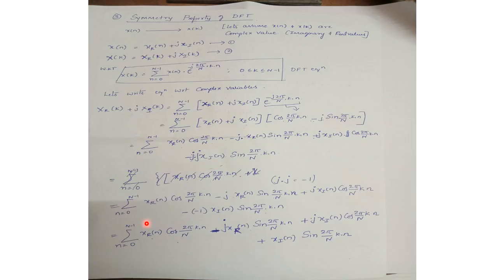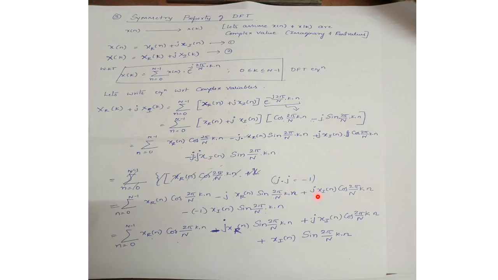So now the summation of n equal to 0 to N minus 1: the first term, xr of n into cos of 2 pi by N kn, will remain the same, minus j xr of n sin 2 pi by N kn, plus j xi of n cos of 2 pi by N into kn, minus j into j. Here you have j into j. We all know that.